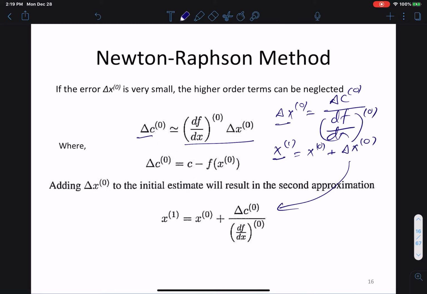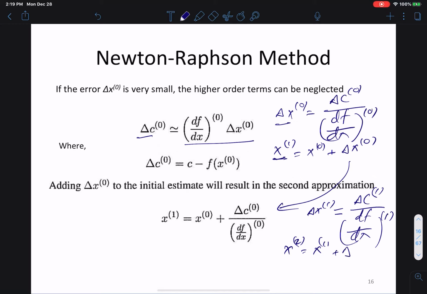Once you find x1, you can easily find delta x1, same process. Delta x1 would be delta c1 over df/dx at x1, right? Then you can add that to your solution 1 to find the next solution. You can see the general format here: x(k+1) would be xk plus delta xk, right?